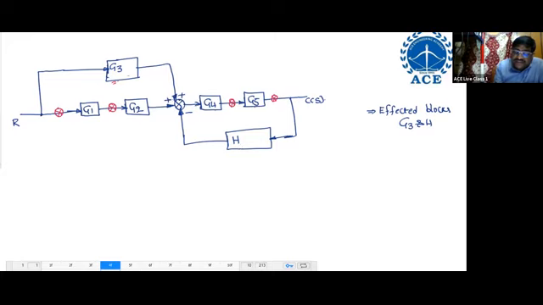Now, at this summing point, before shifting, count the number of blocks. G3, G4, H. Now, I'll shift this to here.